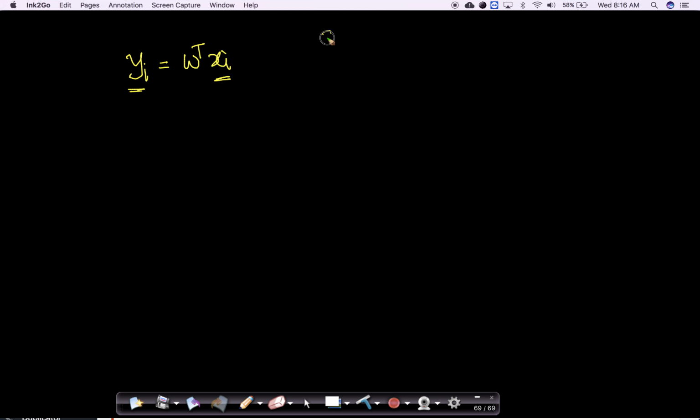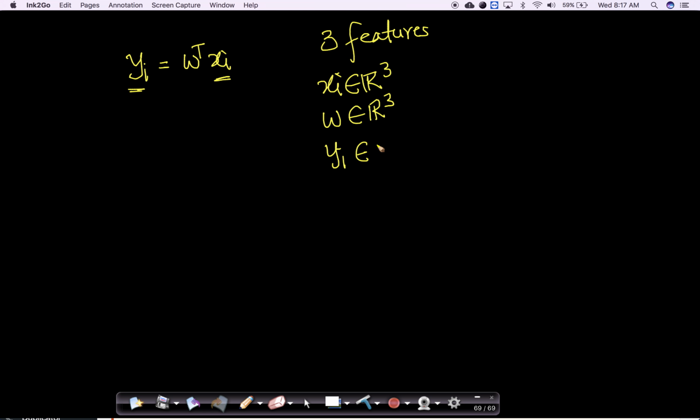With three features, my xi belongs to R3, similarly my W belongs to R3, and my yi, because it's a regression problem, belongs to real values. If I rewrite this, yi equals W1 xi1 plus W2 xi2 plus W3 xi3.